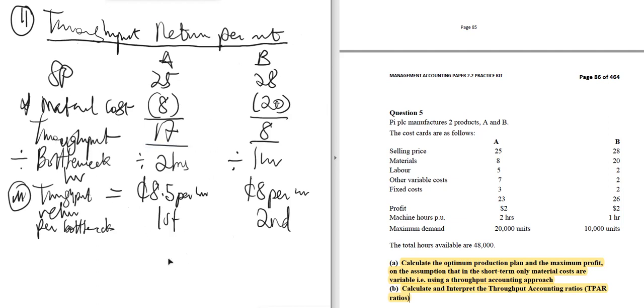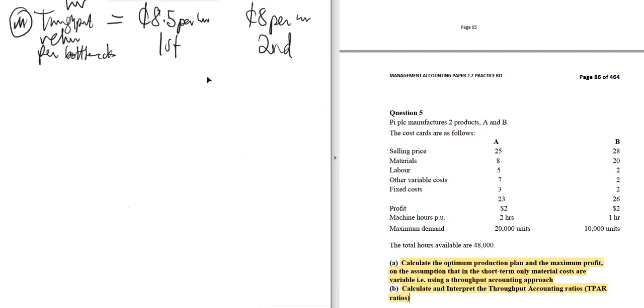But however, some questions may ask you to get your throughput accounting ratio. If that is the case, we know throughput accounting ratio is calculated as our throughput return per bottleneck, so you use the throughput accounting ratio to rank.